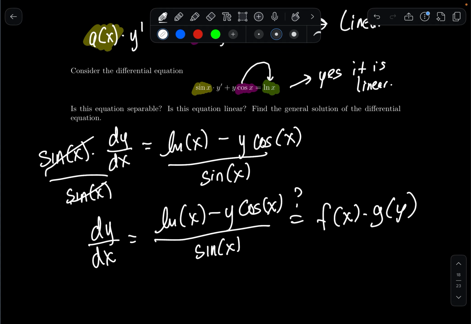And the problem is going to be that this y right here, you cannot factor it out from both terms in the numerator. And since you cannot separate the y from the x's in the numerator, you cannot separate the y from the x's on the whole right side, which means indeed in this case it is not separable. Okay, so not separable.